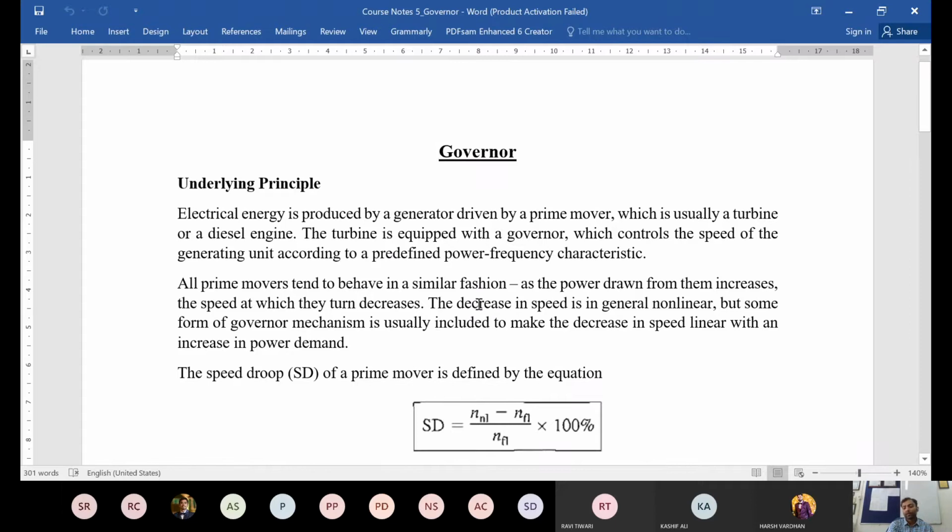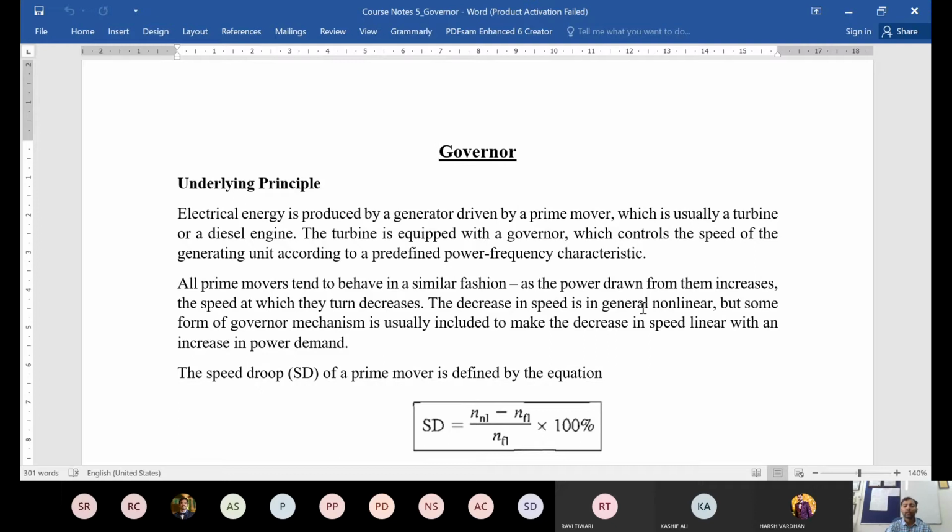If you just look at the dynamics of the machine without the governor, an extra power demand gives a non-linear behavior. But with the governor mechanism in place, the decrease in speed as the power demanded increases suddenly becomes a linear curve.